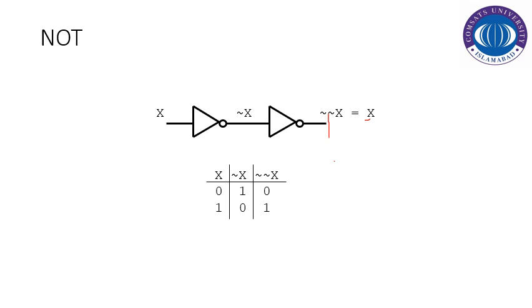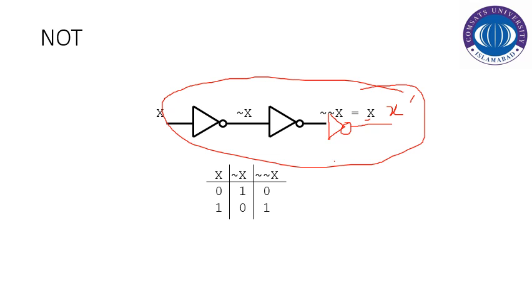Now in this particular case, we are getting x prime. X is inverted to x prime, x prime is inverted to x, and then x is inverted to x prime. So we can replace all those NOT gates that are in odd number with a single NOT gate.